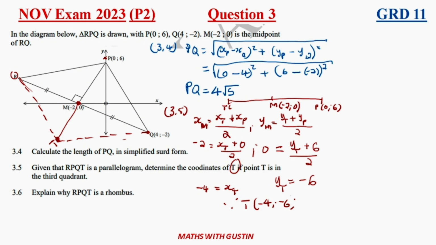Great. All right, and now let's move on to 3.6, which is the last question on this one. It says here, explain why RPQT is a rhombus.